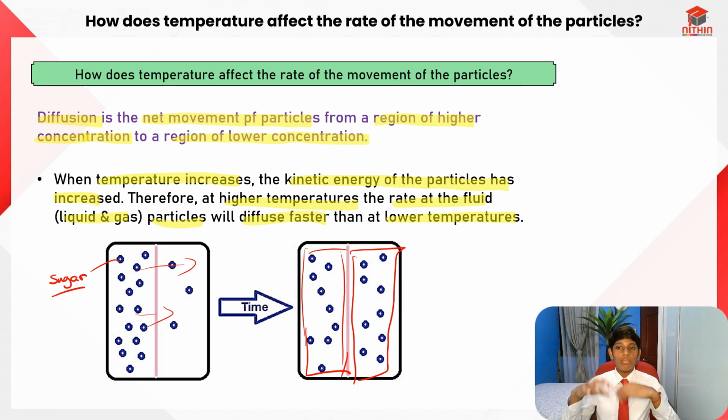Because the particles start moving faster, it is easier for them to move to the other side. When the temperature decreases, the particles move closer to one another, and it takes a very long time to diffuse and be even.